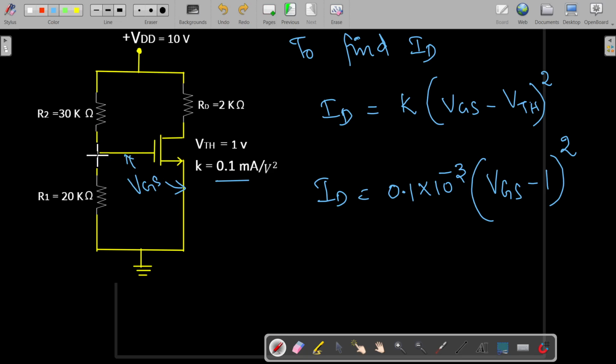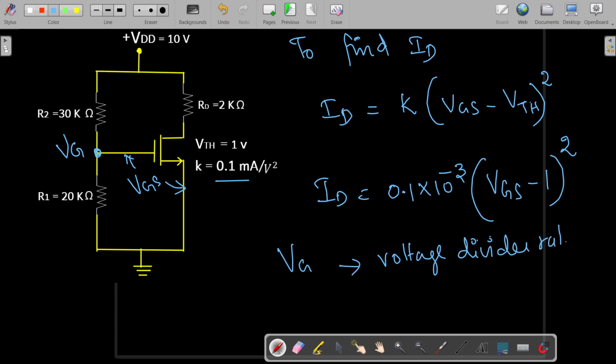In order to calculate this VGS, we have to find this potential VG. To calculate this VG, we use the voltage divider rule, VDR. This is the network in which we are going to calculate this VG.